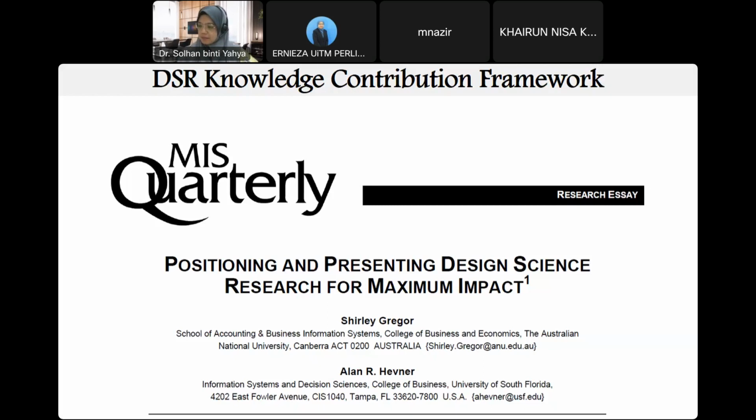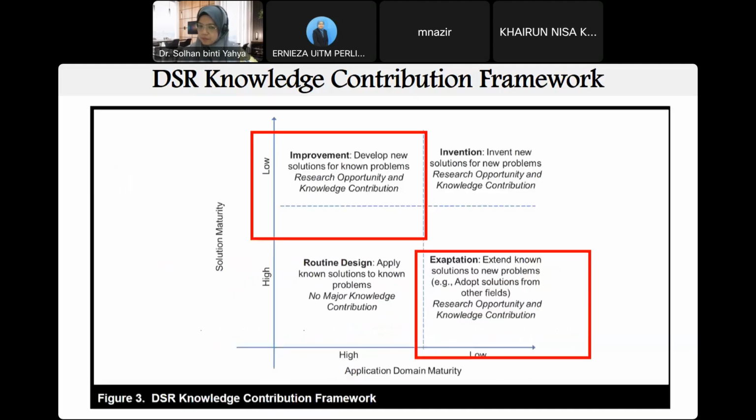And I always tell my students, okay, this template diagram, this framework, must exist in your chapter 5, right? Because in chapter 5, you need to make a claim about where your contribution is, what your knowledge contribution is. Use this framework as a template to discuss your contribution. It's a very simple framework, and most of my students use this template when discussing chapter 5, right?